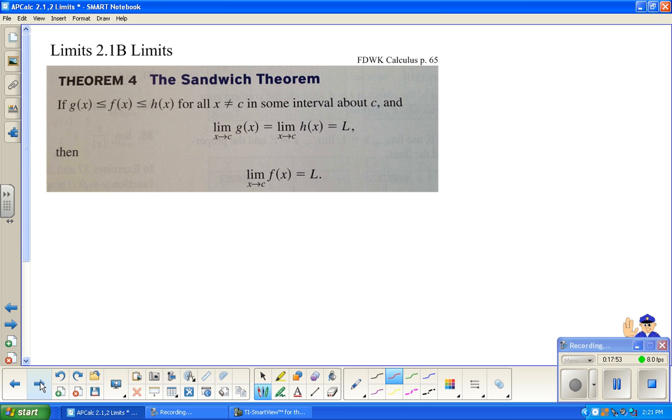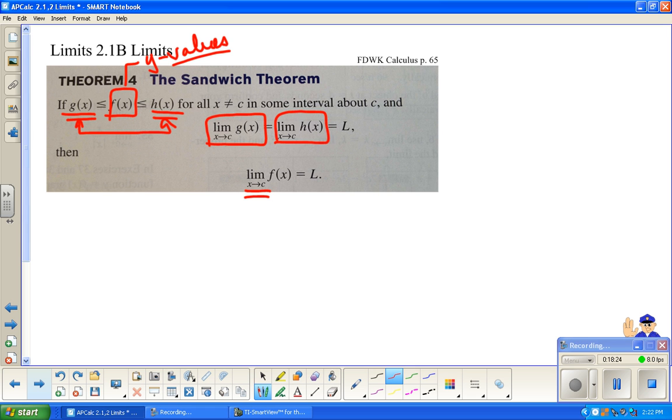But what this is saying is if you have some function that is between two other functions, and these are functions that have y values, and it's between two specific other functions that you can nail down, then you can actually find its limit at some x value c if this limit and this limit, this is the above, this is the below limit, if they both equal the same thing.